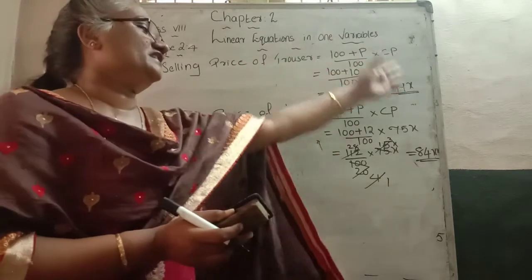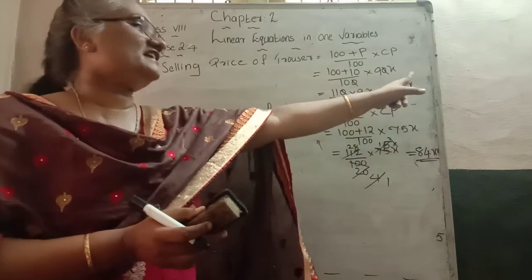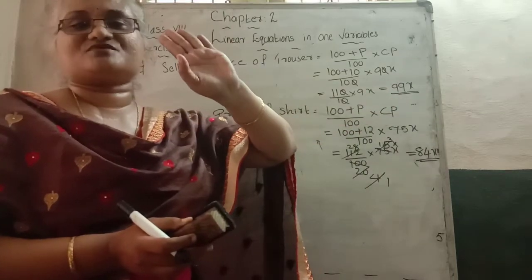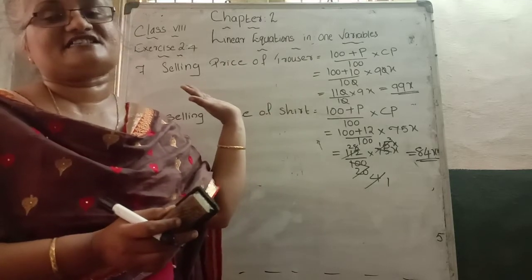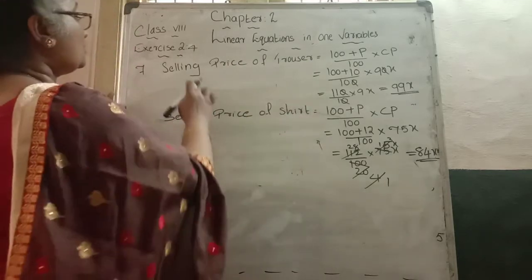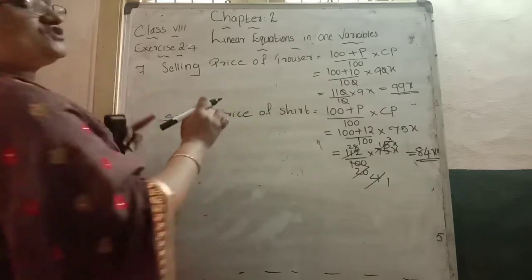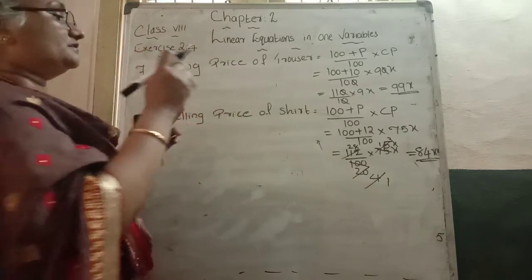Full detail is not needed, so we need not substitute the x value here. But anyhow we want to find the exact x value. So these are the separate selling prices of the trouser and the shirt.